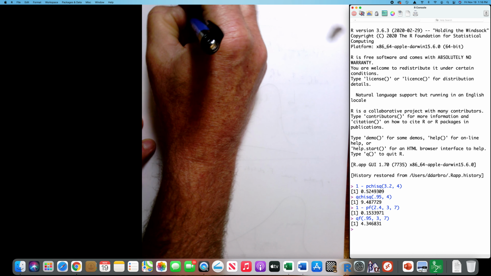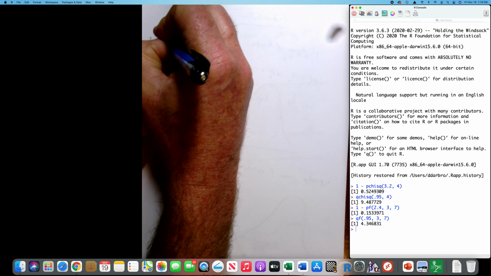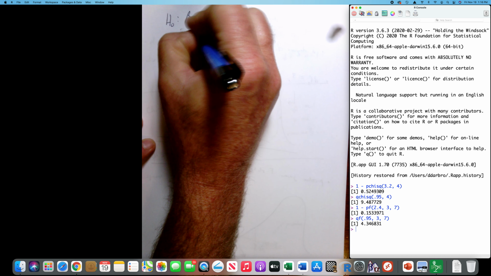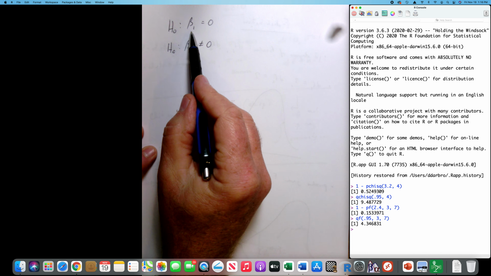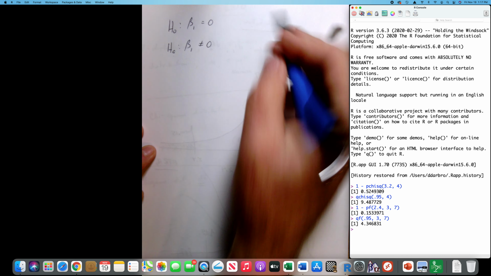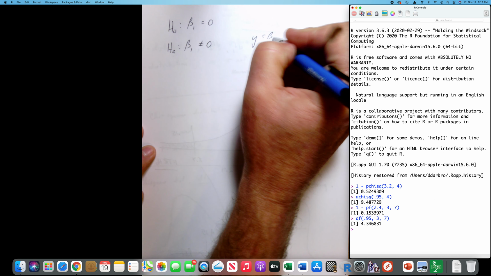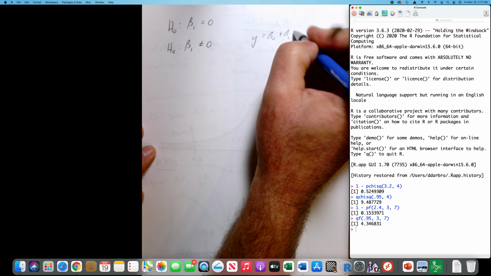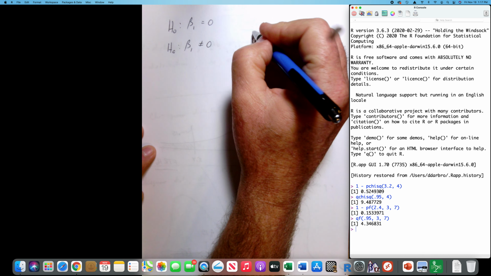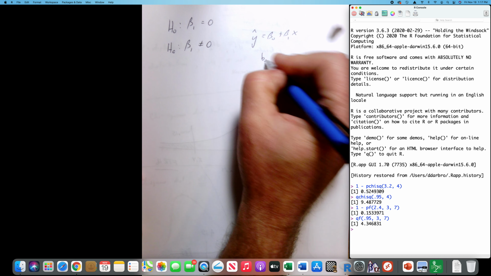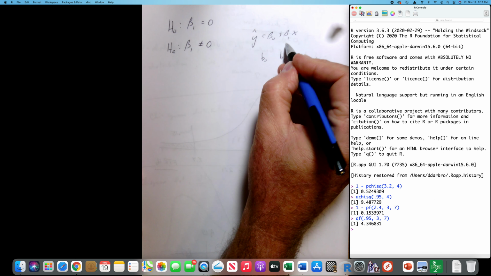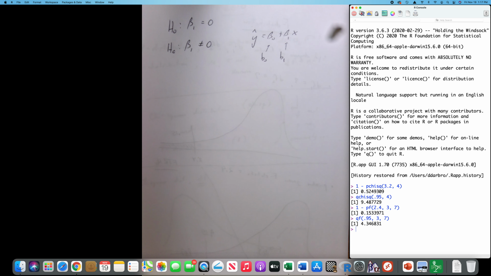If you're testing that beta 1, which is the population slope in a simple linear regression model, all right, so we're predicting y from this model. And we take an estimate from our sample, B0 and B1. We use that to estimate these two values. Again, we'll study this in 6610.